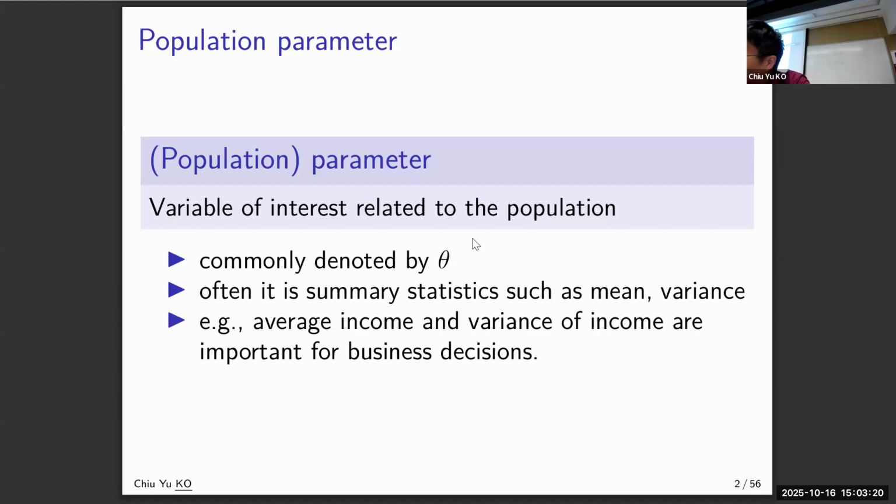Basically, population parameters are the things that we learned in topic 1, like population mean, population variance, population median, population kurtosis, population skewness, population IQR, whatever you learned in topic 1 is a parameter. Why don't I call it a statistic? Because a statistic is a random variable. We can't call it a statistic, so that's why I call it a population parameter.